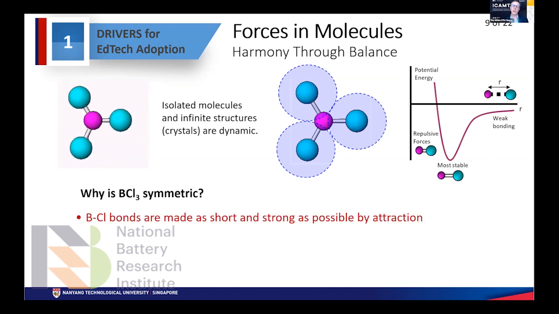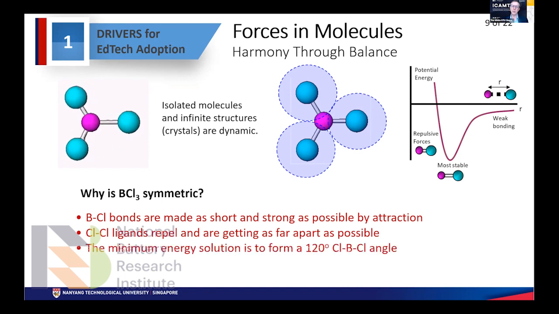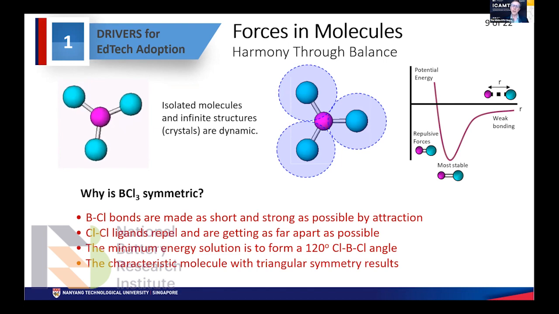But more importantly, we know that the boron and chlorine atoms must form a bond, so they have to be as close as possible to form a stable bond. Then, of course, we've got the chlorines repelling. We've got then a minimum energy solution to this problem, which on average is a 120-degree chlorine-boron-chlorine angle. And then finally, we end up with the triangular symmetry.